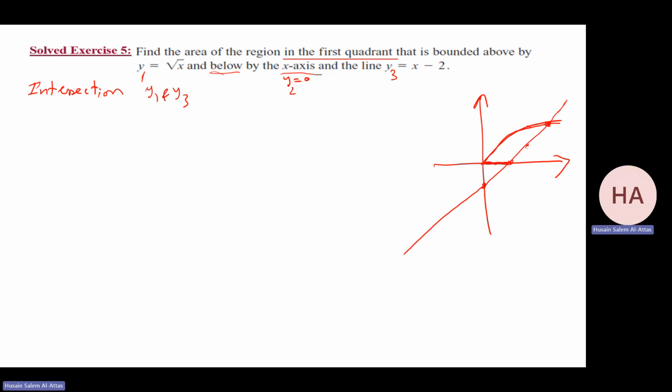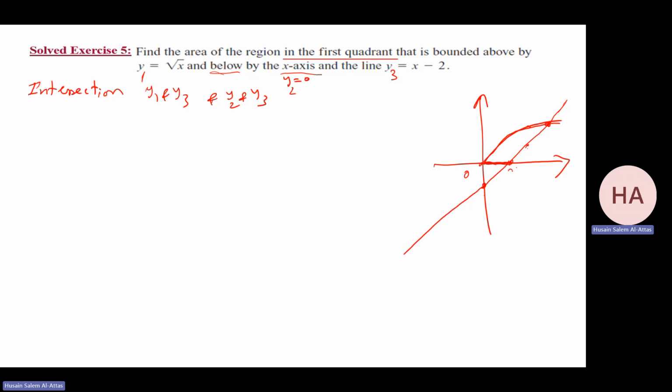And also I need this point where I have the split. This point is 0, clear. This point is the intersection between the line and the x-axis, so between y2 and y3. I need this. And to find this intersection point, for sure, this will be 2.